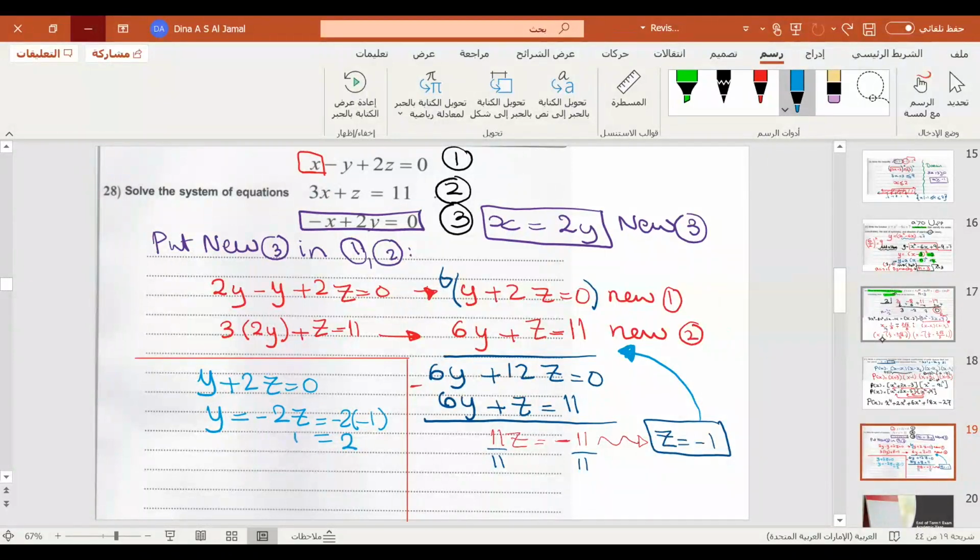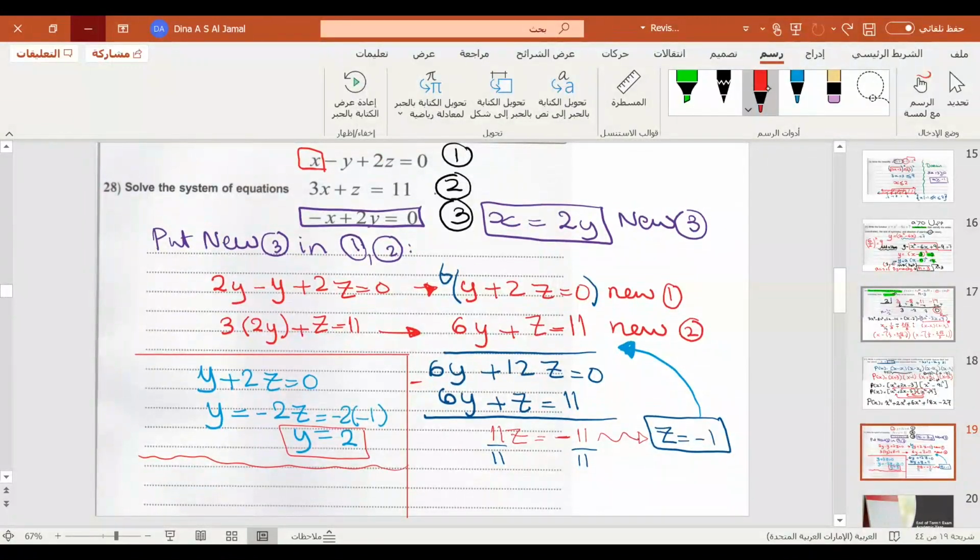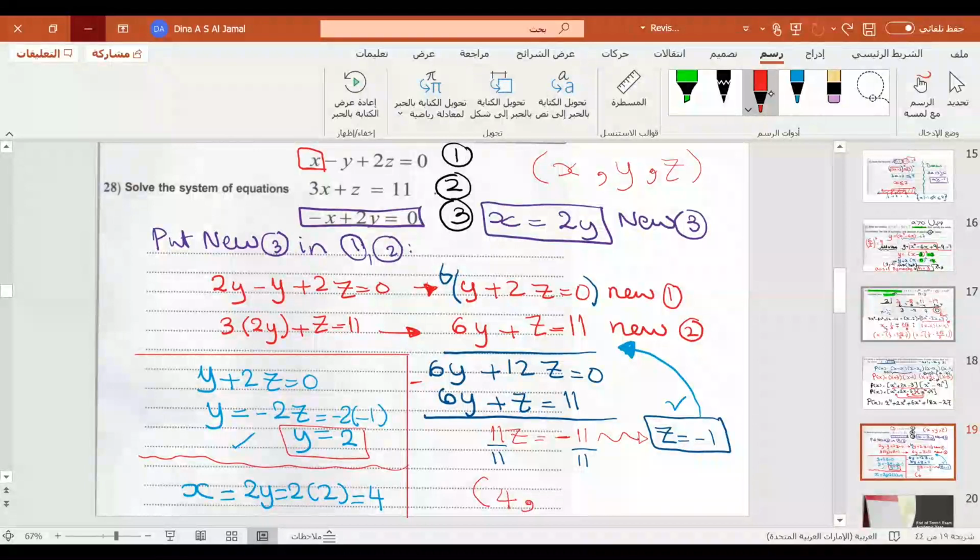That means your y is 2. Now your x, pay attention to this. You got your z, you got your y. Now directly go find your x. 2y, 2 multiplied by 2, and it's all about 4. Now, when you would like to write your answer, always write it as an ordered triple: x, y, and z. So your x is 4, your y is 2, your z is minus 1.